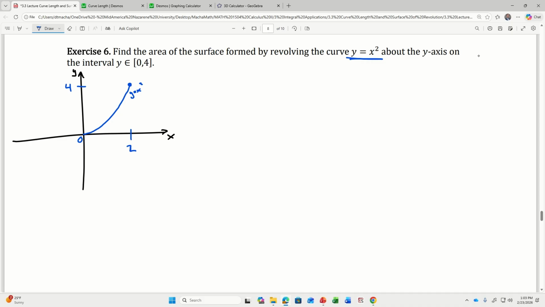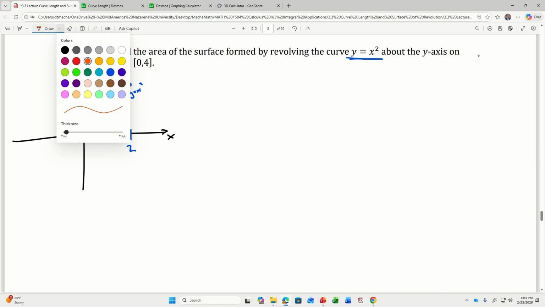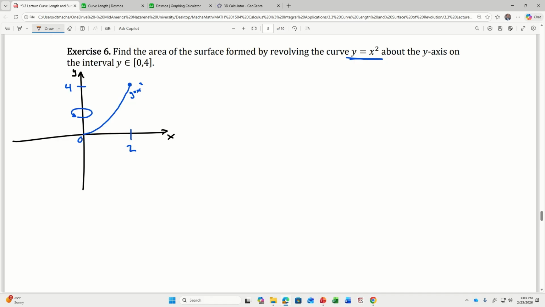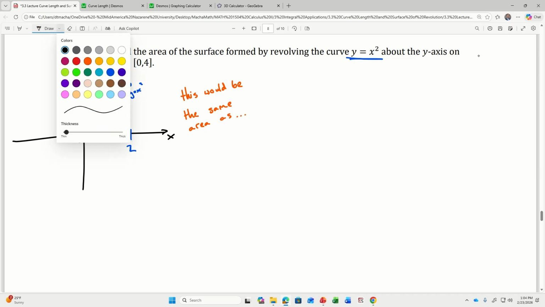And so we're taking this curve and we're revolving around the y-axis. I don't really like this because my formula that I memorized is about revolving around the x-axis instead of the y-axis. But I could maybe notice that this would be the same area as, what if I just switch the symbols?